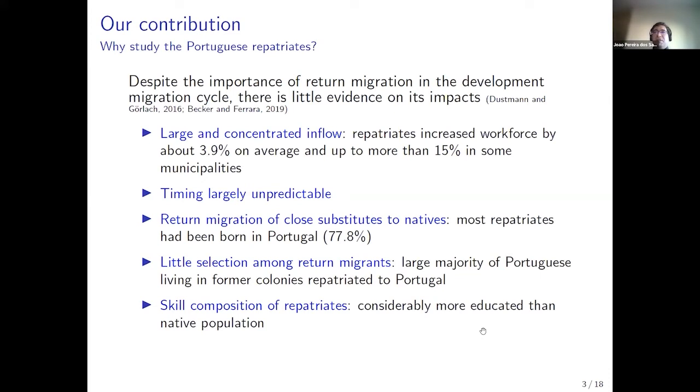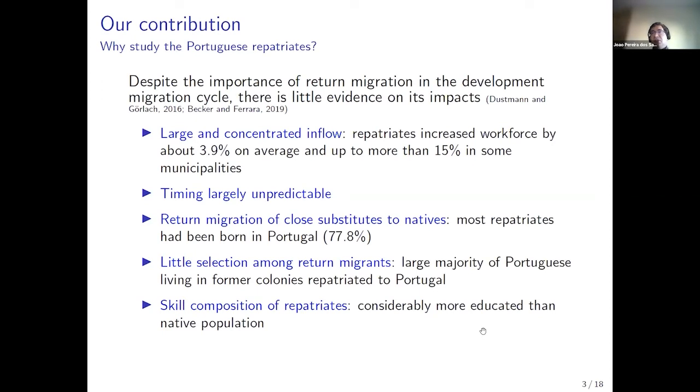So the repatriates increased the workforce on average per municipality by about 3.9%, but in some places they increased the workforce by more than 15%. It was largely unpredictable and happened between 1974 and 1976. It was mainly concentrated in 75 and 76.